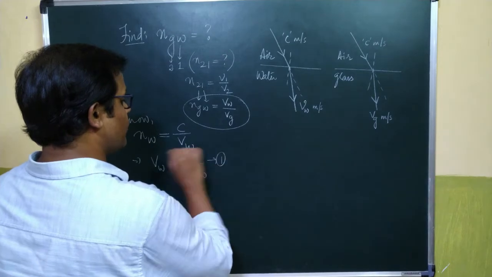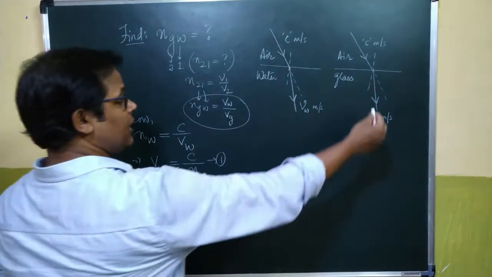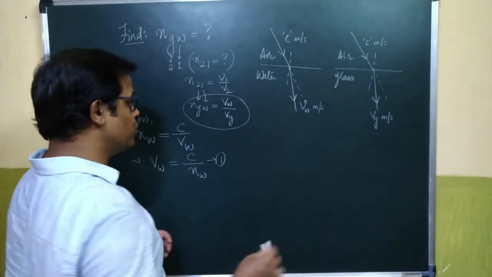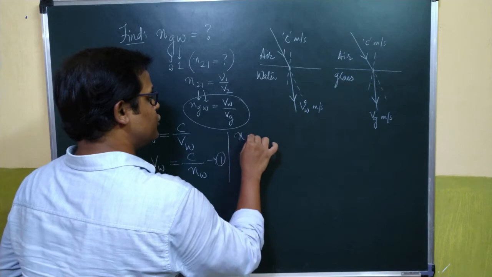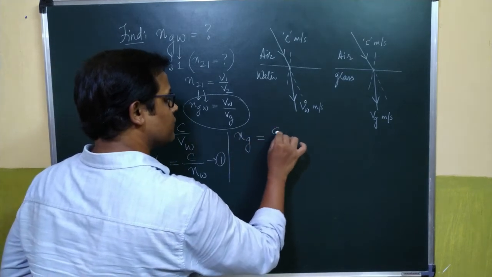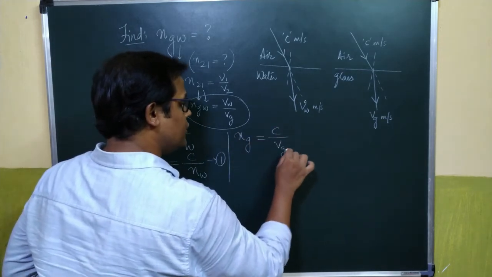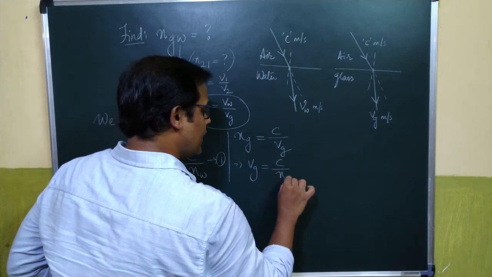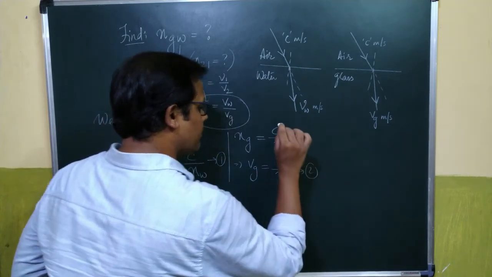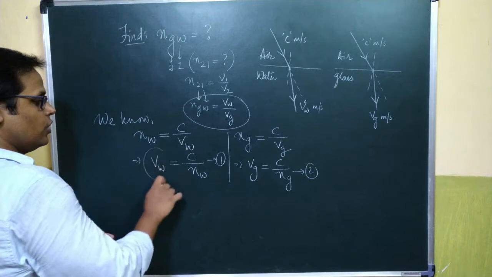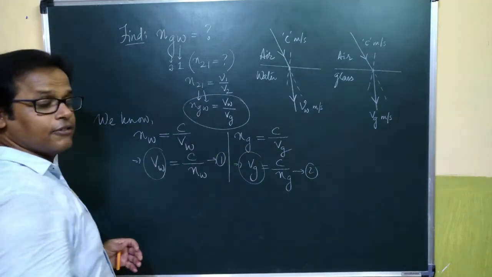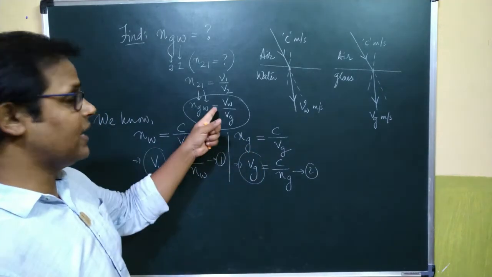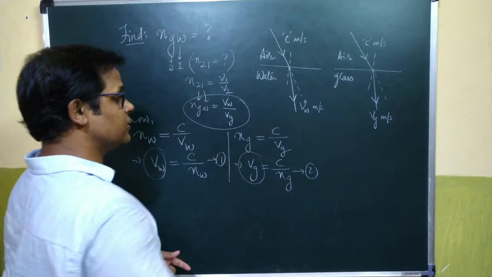Let us call it equation 1. Similarly for scenario number 2, you could have written NG, the absolute refractive index of glass, is C by VG, or VG could have been written as C by NG. Let us call this equation number 2. Here we go. You have VW, you have VG. Great. Put that into the equation.